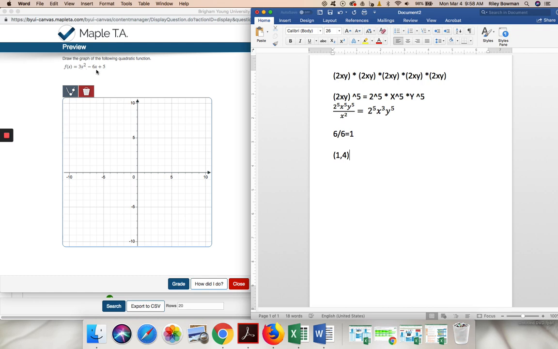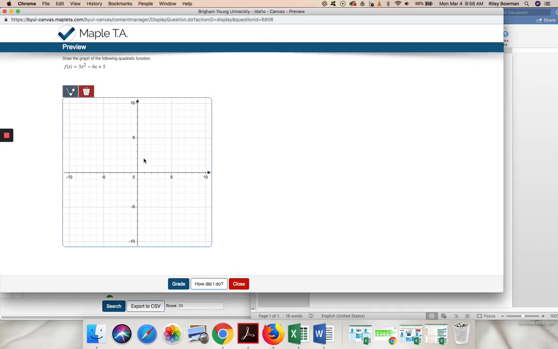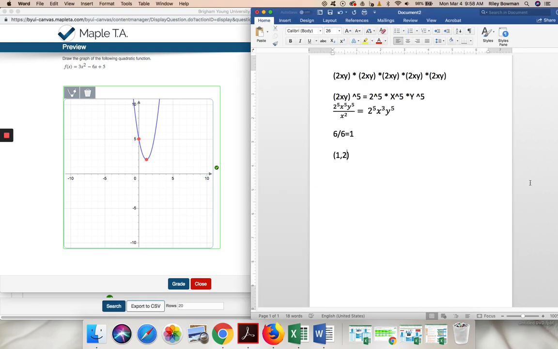We got 3 minus 6 is negative 3, plus 5 is 2, right? Negative 3 plus 5, 1, 2. So vertex first, plug it in, and then up here. There we go. Okay, so I apologize. It just did that automatically for us. And so vertex first now that we know on Maple TA.